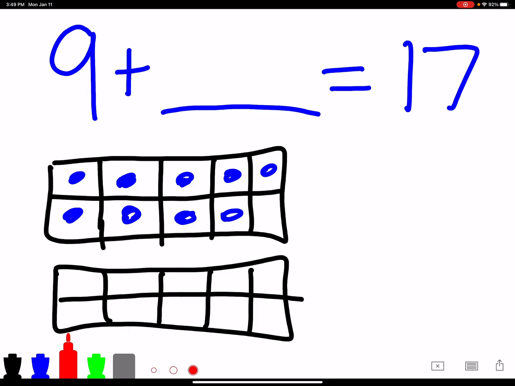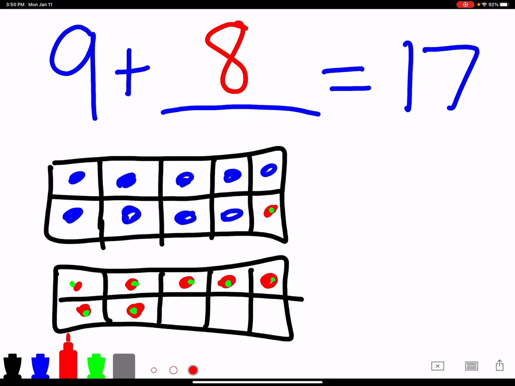On the red, we start from 10, 11, 12, 13, 14, 15, 16, 17. So we have 17. If we count the total of reds, 1, 2, 3, 4, 5, 6, 7, 8. We have 8. So 9 plus 8 equals 17.